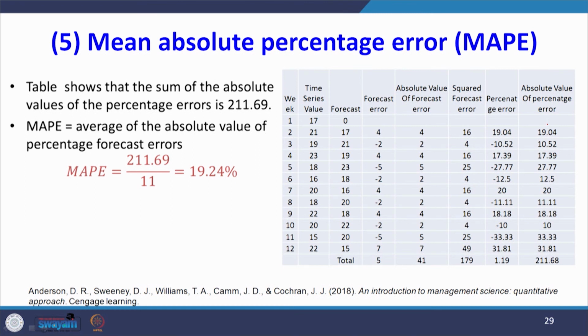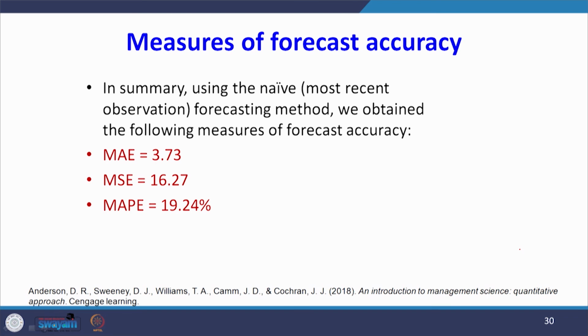This table shows that the sum of absolute values of percentage error is 211.69 here. When you divide by 11, you are getting 19.24 percent. In summary, using the naive most recent observation forecasting method, we obtain the following measures of forecast accuracy.